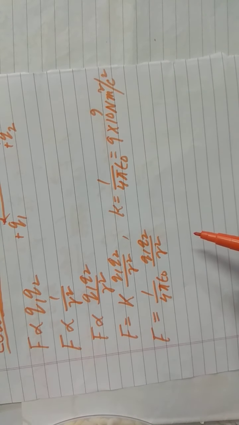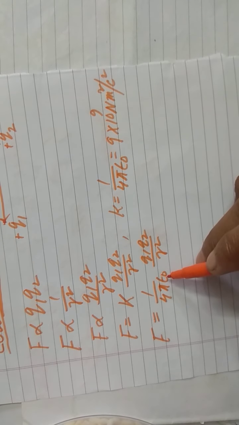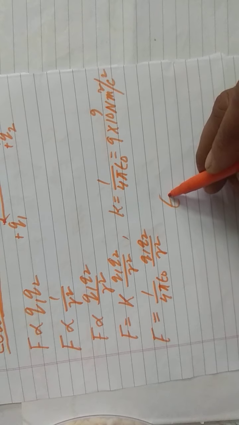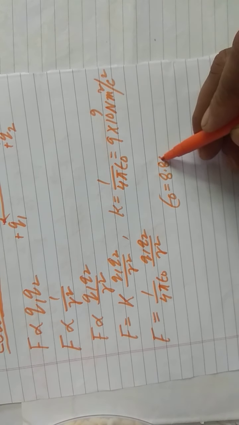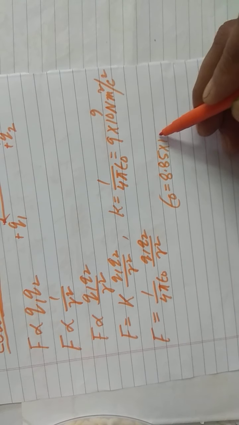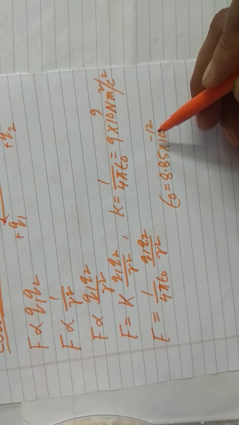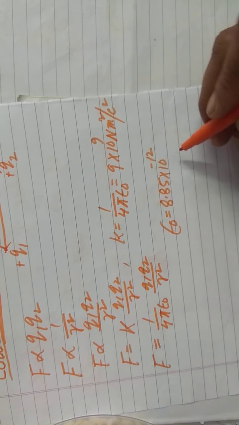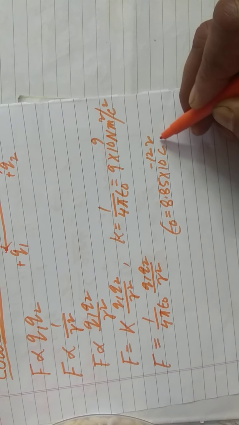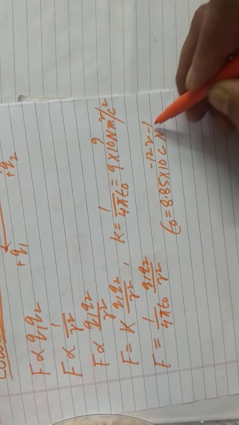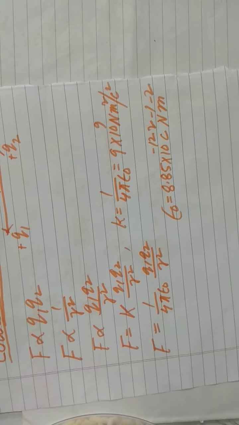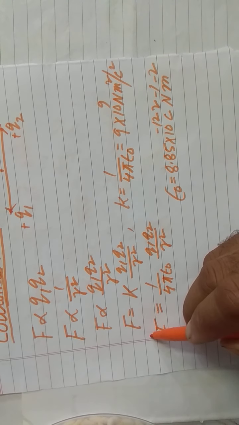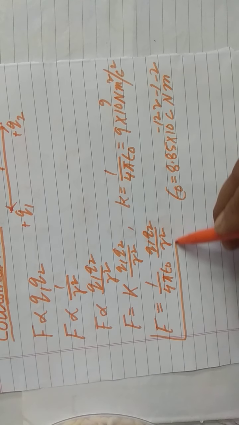And this permittivity of free space, the value of epsilon naught will be equal to 8.85 into 10 to the power minus 12 Coulomb square per Newton per meter square. So this is Coulomb's law in mathematical form.